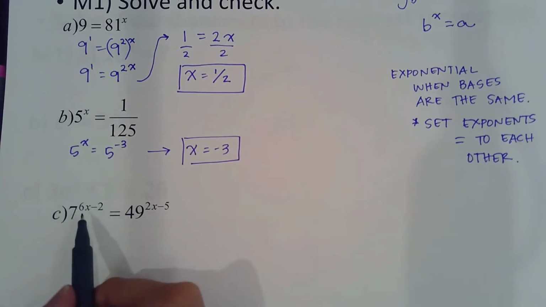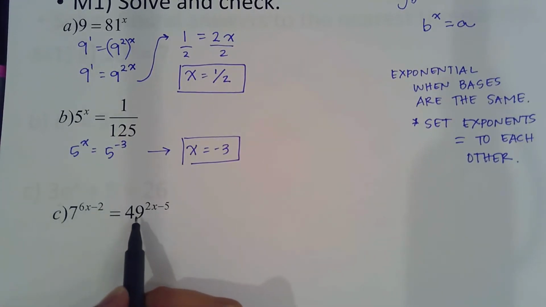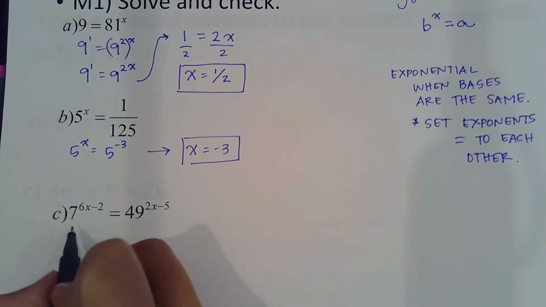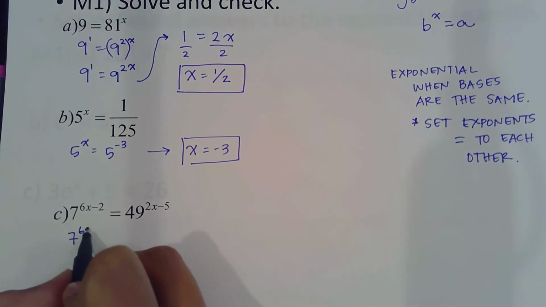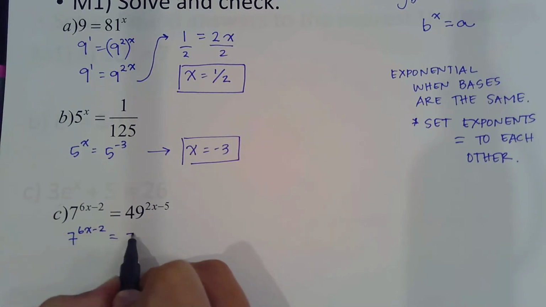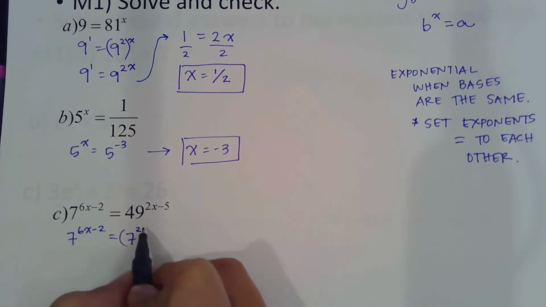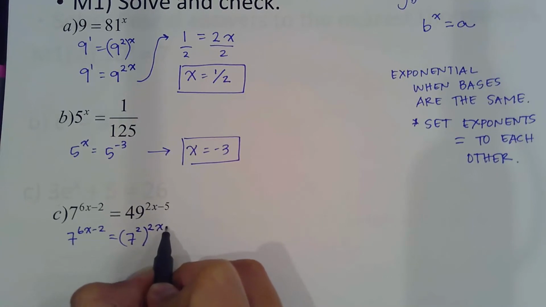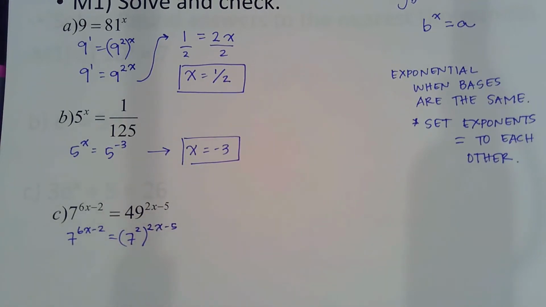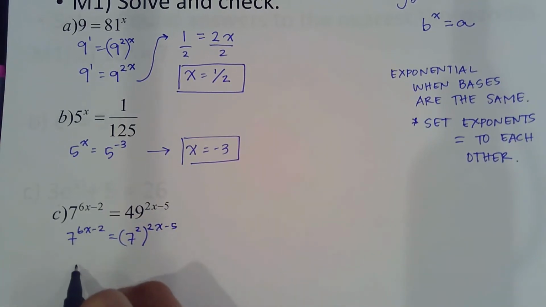Alright, let's look at this next one. I've got 7 raised to the 6x minus 2 and 49 raised to the 2x minus 5. Can I get the bases to be the same? 49 is the same thing as 7 squared, right? And then you're going to raise that to 2x minus 5. So I'm going to set the exponents now equal to each other.